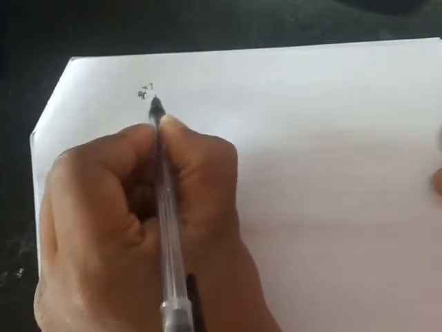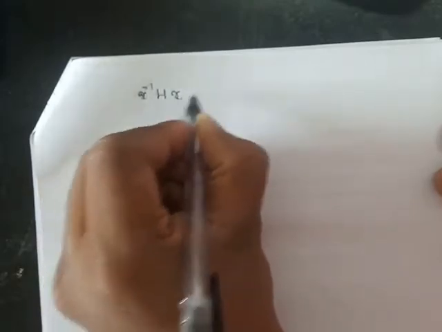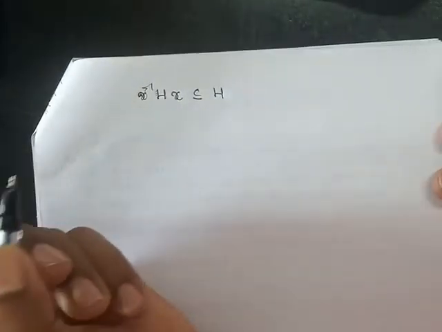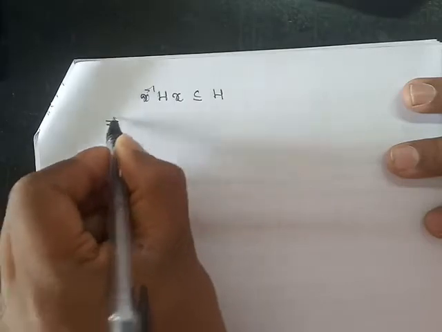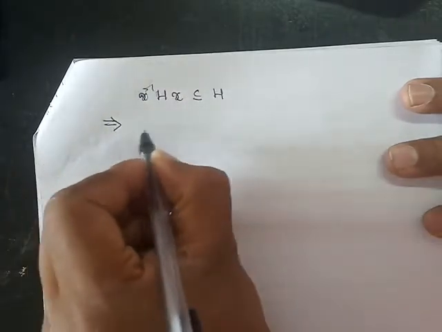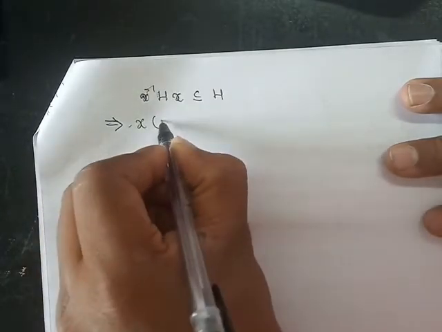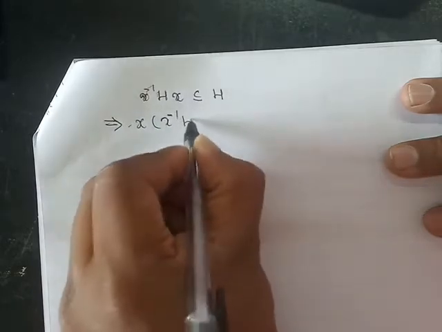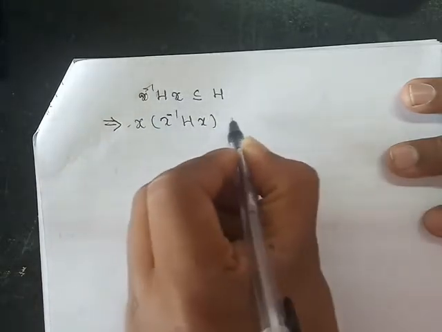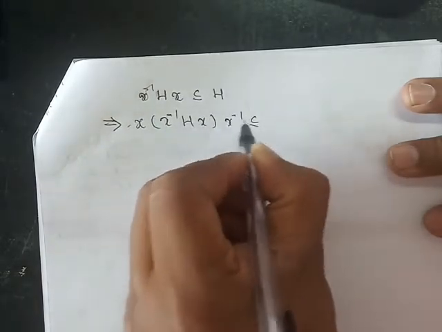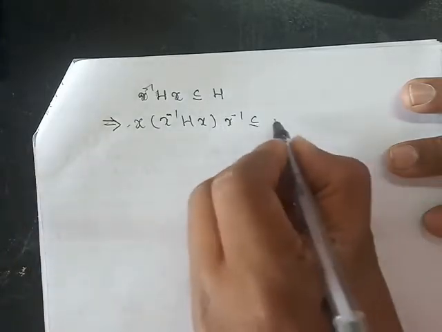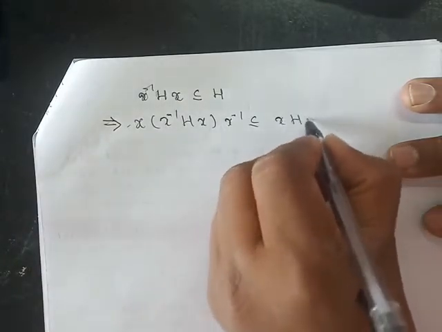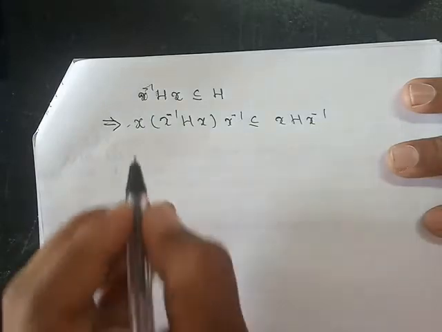We had assumed equation number 1, that is, X inverse H X is a subset of capital H. This implies that X into X inverse H X into X inverse is a subset of X H X inverse.